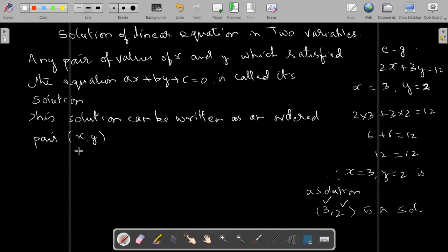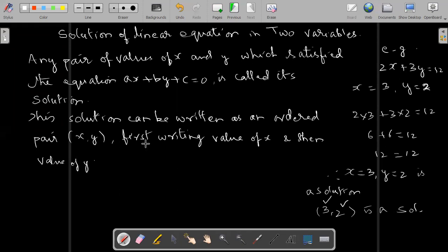First writing value of x and then writing value of y. If you write the opposite, this will not satisfy. That's why you should be careful when you're writing in this format. That is why it is called ordered pair.